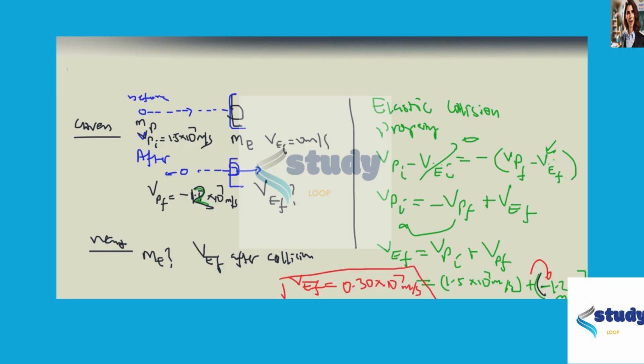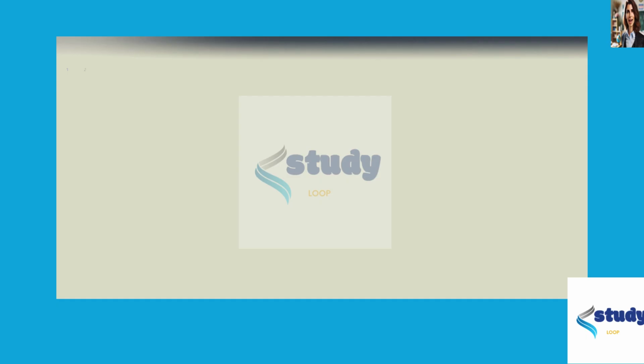That's the final velocity of the unknown mass. On the next page, we're going to get the mass itself of the unknown element.